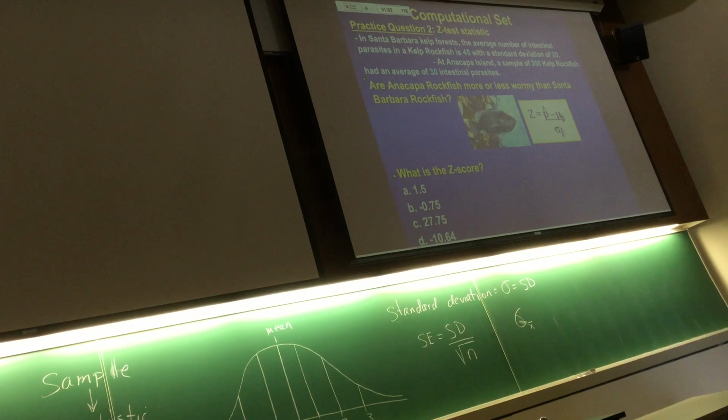Because you take the sample minus the population divided by the sample. So it looks like most of you selected D. So the correct answer is D, and it shows you how to do it there.